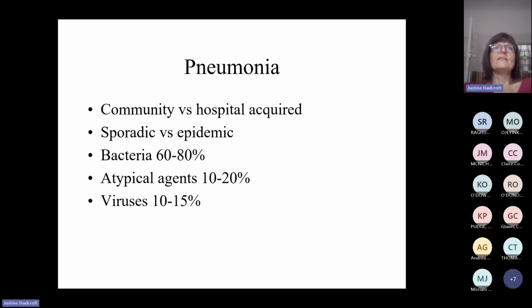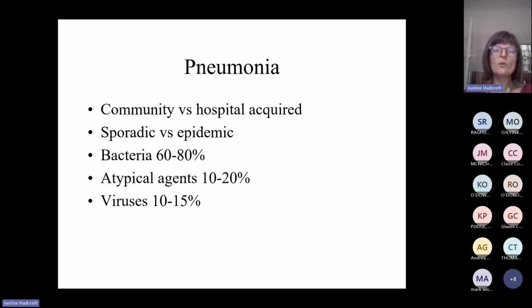So pneumonia is essentially a contraction of pneumonitis, and itis is inflammation and pneumo pertains to the lung. So essentially pneumonia is any cause of pneumonitis, and it can be drug induced, it can be chemical, it can be bacterial, viral, fungal.